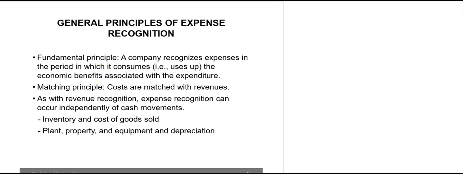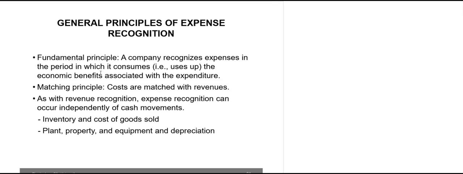Under US GAAP, expenses are defined as the outflows or other using up of assets or incurrences of liabilities, or a combination of both, from delivering or producing goods, rendering services, or carrying out other activities that constitute the entity's ongoing major or central operations.